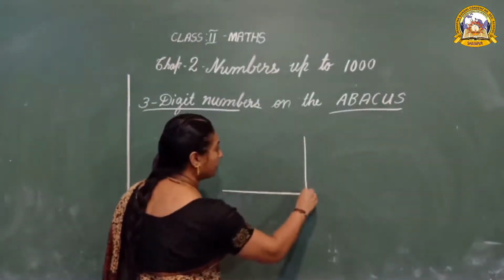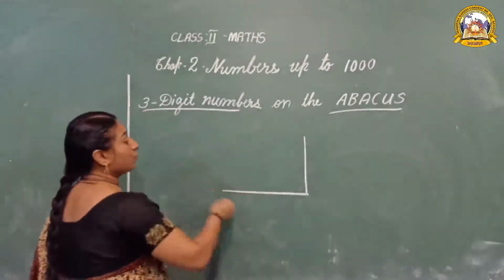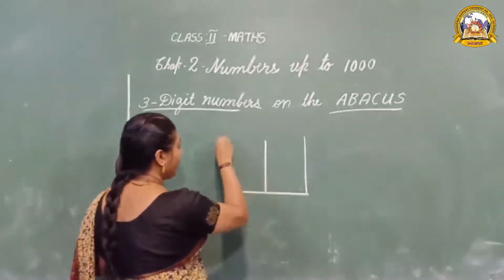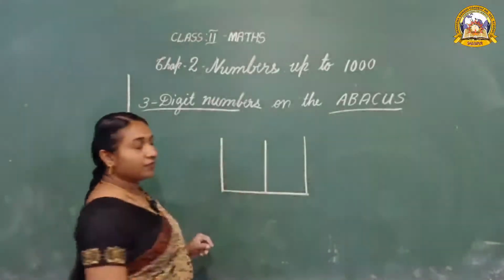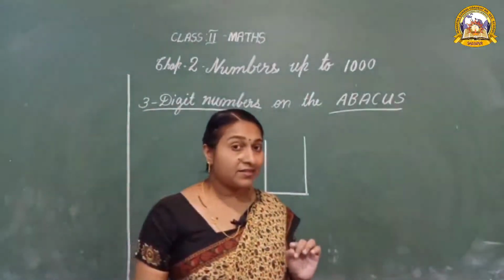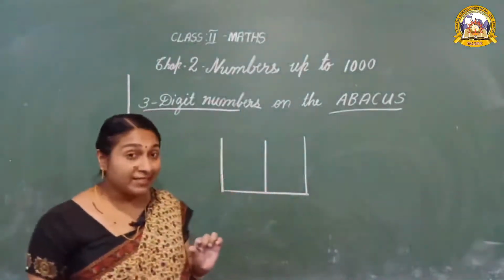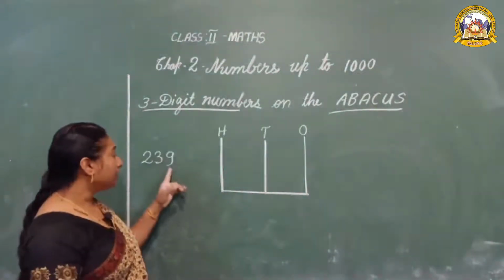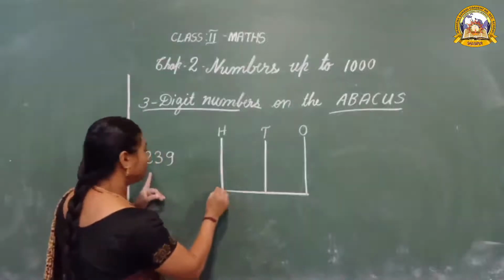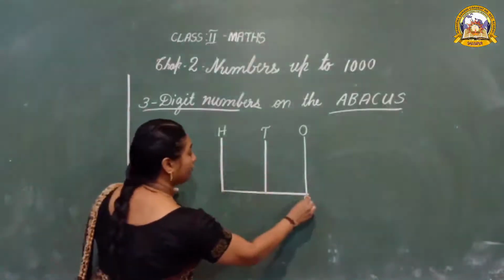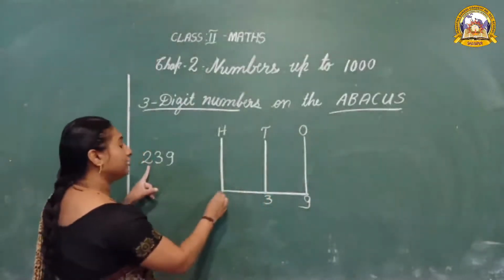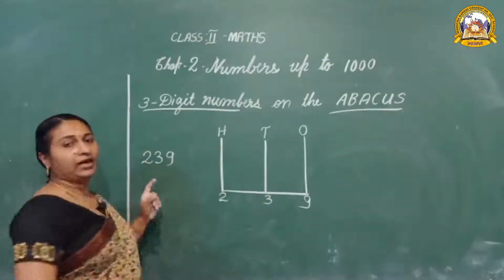Here, how many digits are there? 3 digits now. So we should draw 3 lines. What do you see on an abacus? Yes, beads. For example, let us write the digits here: 9 ones, 3 tens and 2 hundreds.